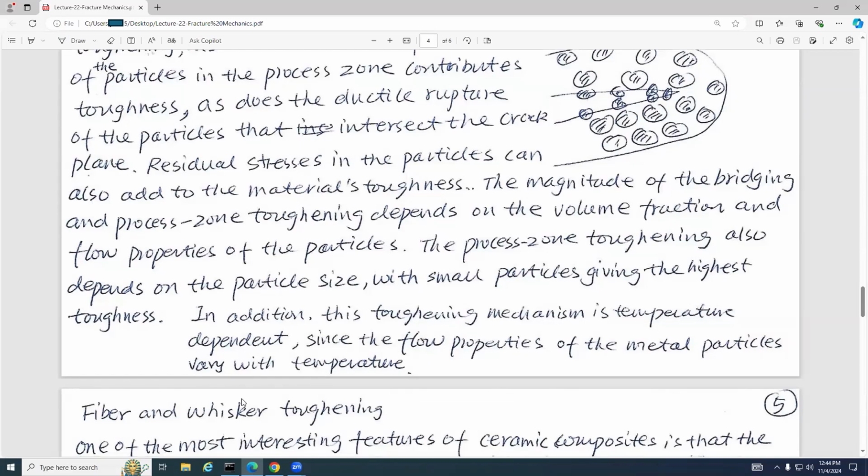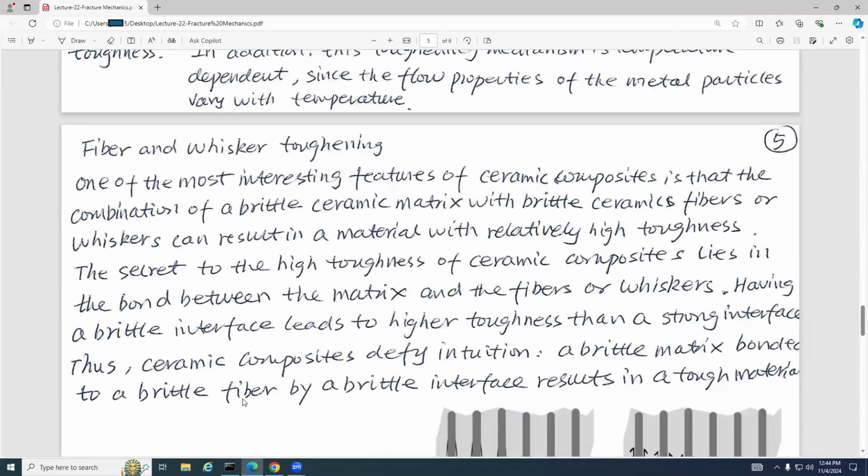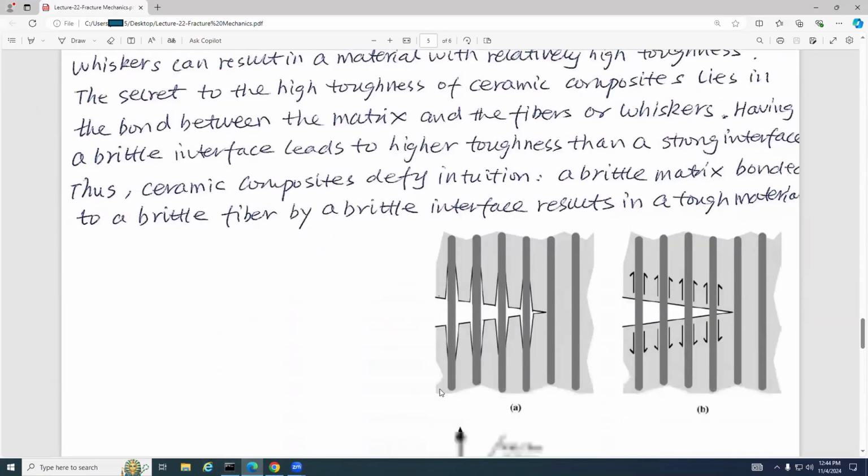No question. And then we get to fiber and whisker toughening, right? As the name suggests, we know that there are some fibers. You can see in this figure, this is our crack, and we have some fibers connecting the upper surface of the crack and the lower surface of the crack.